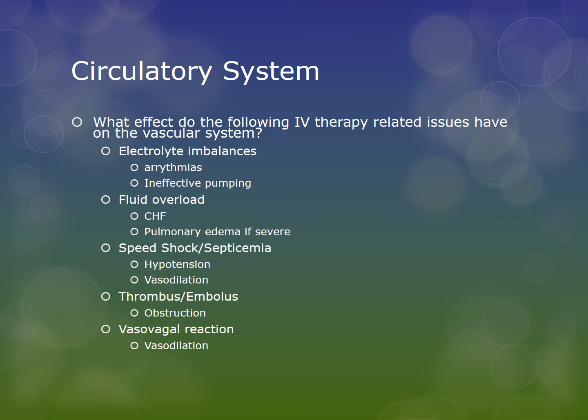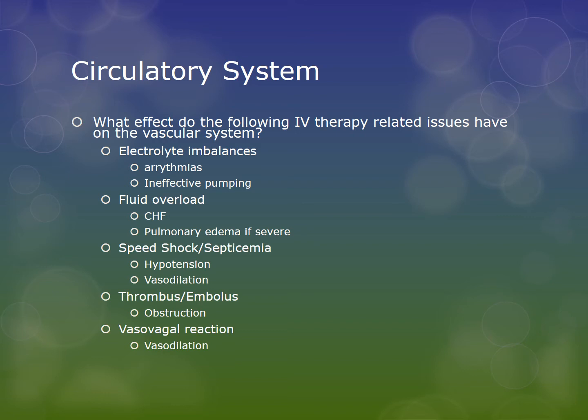There's a couple of exceptions, but most of the time with septic shock, anaphylactic shock, neurogenic shock, and of course speed shock, we're talking about a situation of massive vasodilation. They vasodilate so much, the blood goes out to the periphery. It's not being brought back to the heart, so the blood in the periphery cools, and that's why you get that cool, clammy look to them, and then their blood pressure is crap.